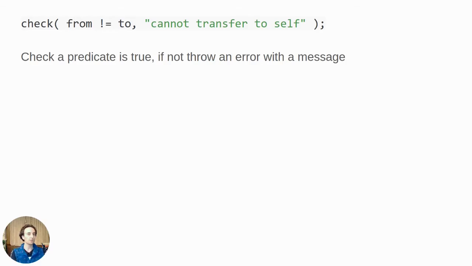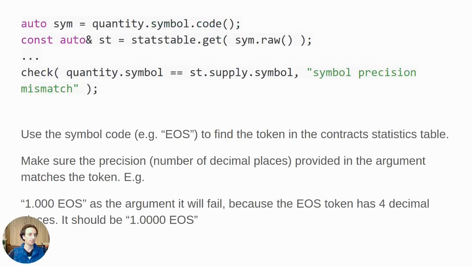So the first thing we do is we use a predicate to check that you're not transferring money to yourself. Otherwise, what's the point of the transfer? It's just clogging up the network. Then we check the asset itself. We check that the symbol precision is right.